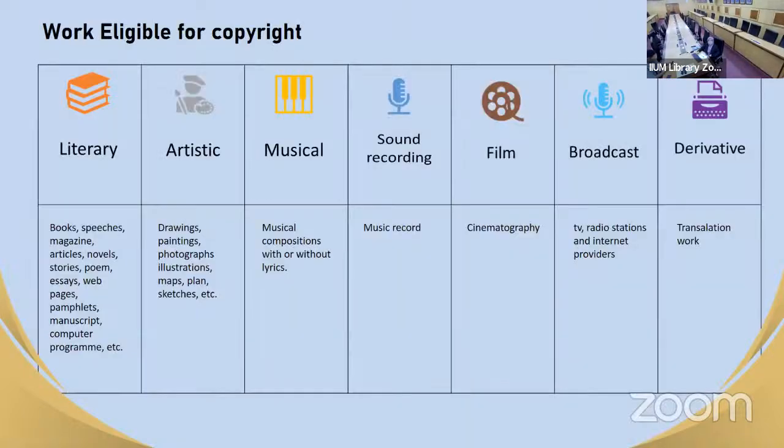So what is the literary category? This is the famous category that many researchers from IIUM contribute to. It includes books, speeches, magazines, articles, novels, stories, poems, essays, web pages, pamphlets, manuscripts, and computer programs. And of course, for KICT, mostly the work must be related to computer programs, right?